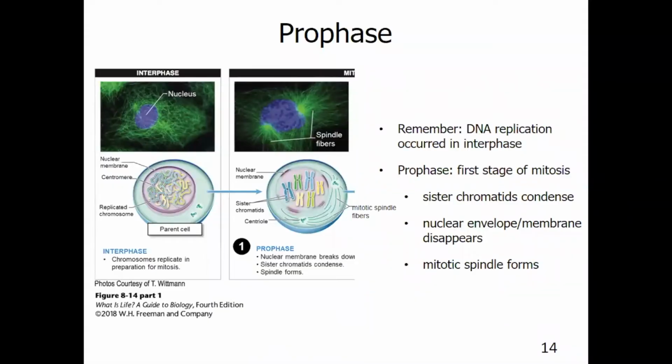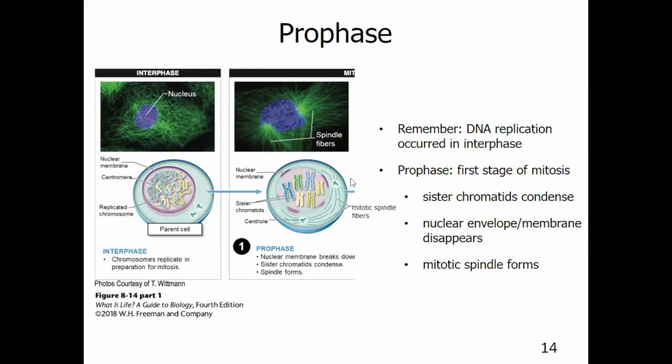The third thing that happens in prophase is the formation of the mitotic spindle. The mitotic spindle is made up of a bunch of proteins, and these proteins are the actual cell machinery that causes the nucleus to divide. So here we see centrioles.